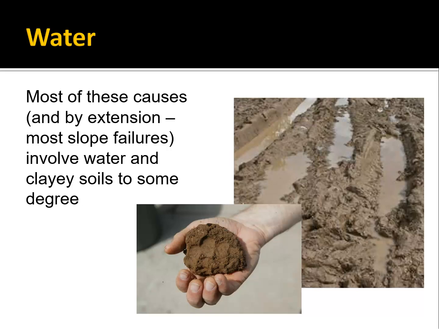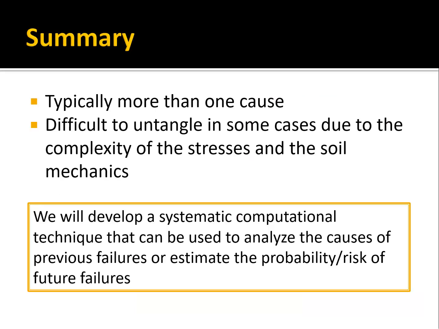So typically we're talking about silty clay soils. In summary, hopefully you've got a taste of things. Often in a slope failure there can be more than one cause, and there are a lot of interesting dynamics at play that are interesting to untangle and figure out.